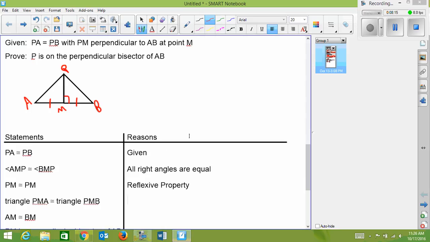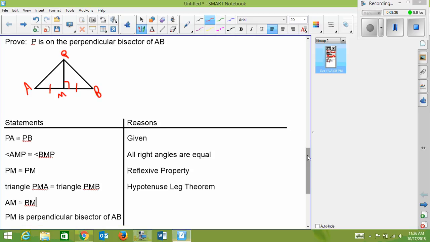So now I can use the hypotenuse leg theorem to prove that. I proved that one leg here and here and the hypotenuse were equal.